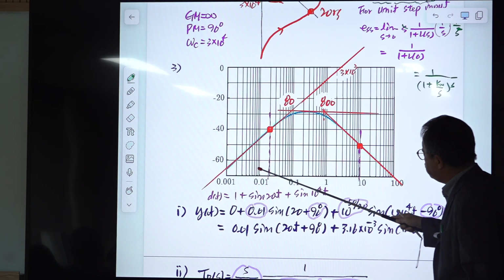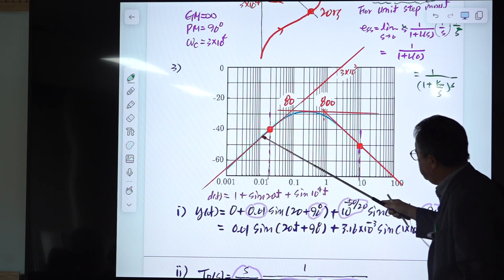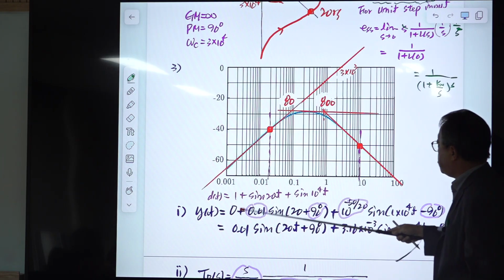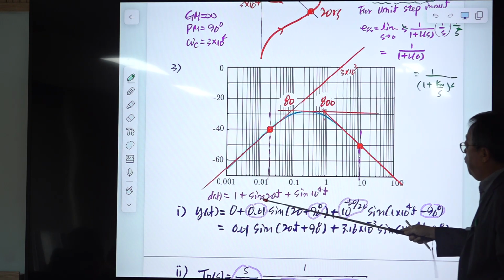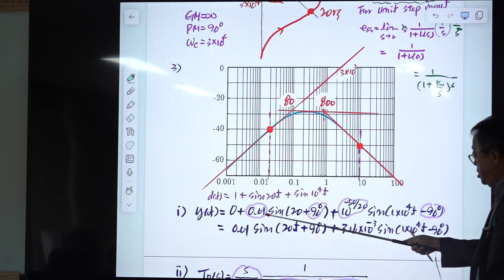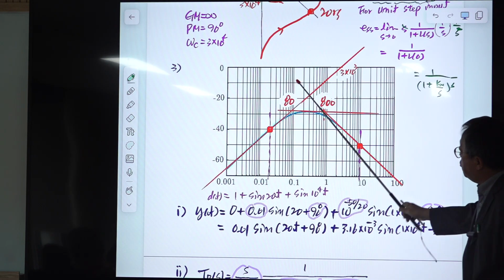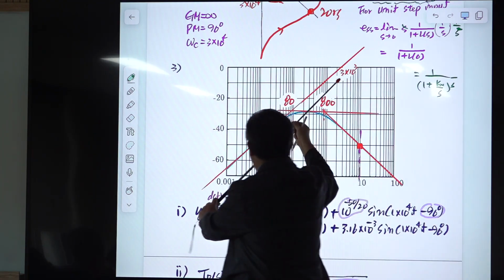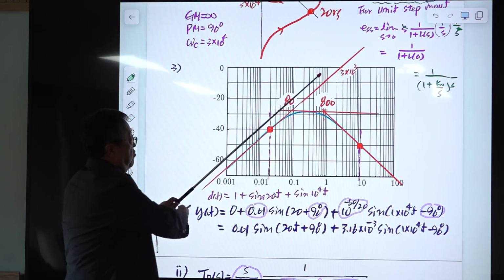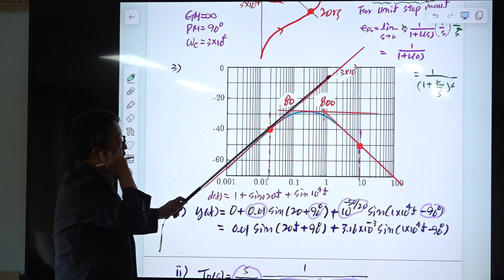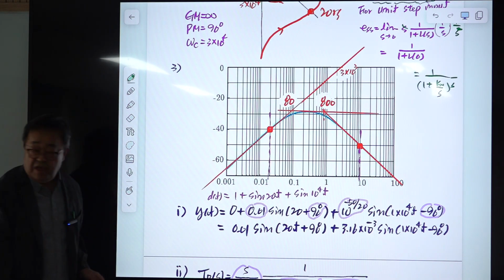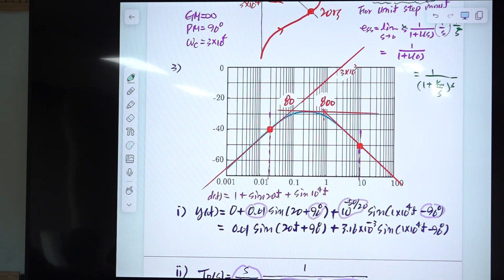This is 10 hertz, 20 hertz. There's minus 40 dB, so this sinusoidal component is reduced by 100 times. That is the magnitude, and for the phase, this slope works as a differentiation and has plus 90 degree phase, and the T is missing here.